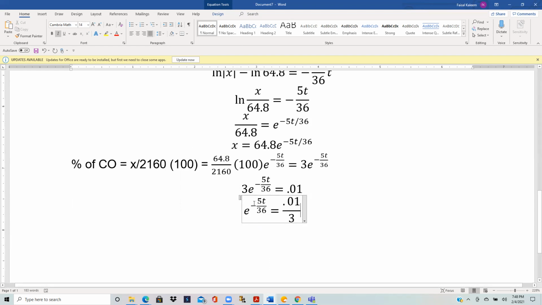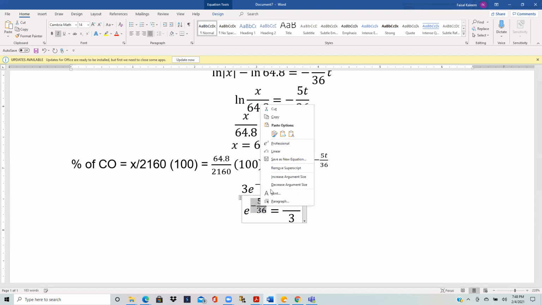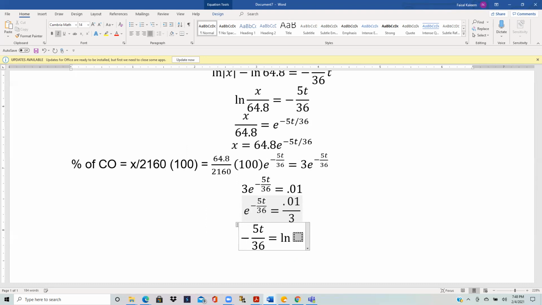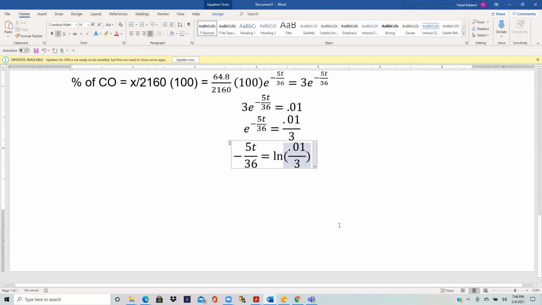So negative 5t by 36 equals ln of 0.01 by 3. Then multiply by 36 and divide by negative 5 to get t.